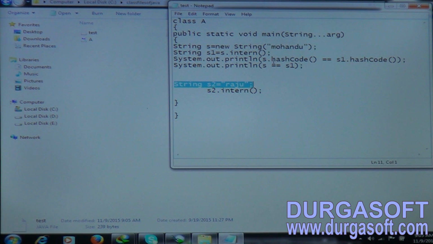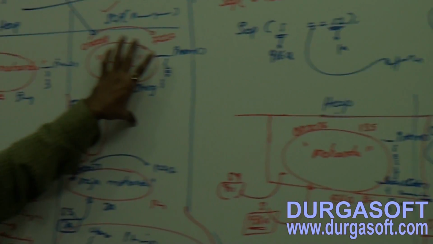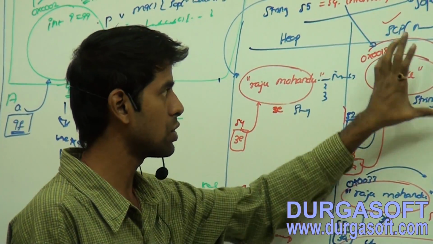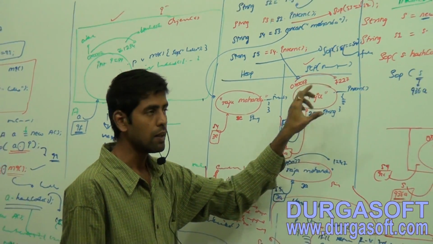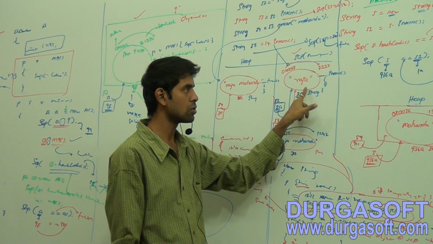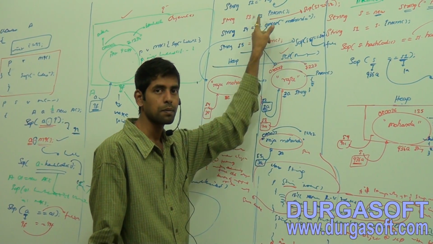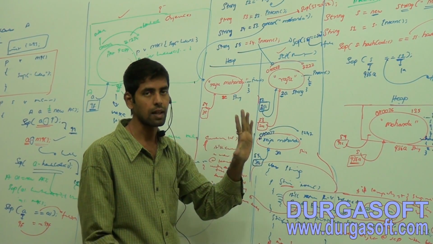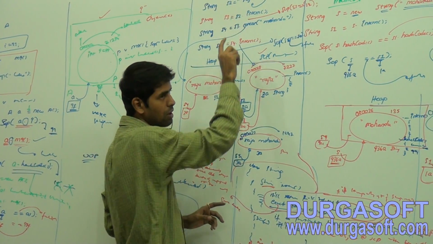For the above statement, an object is created at the SCP area. This one will be created because of this statement, and no object with data as Raju, because this is the SCP object creation statement or instruction.